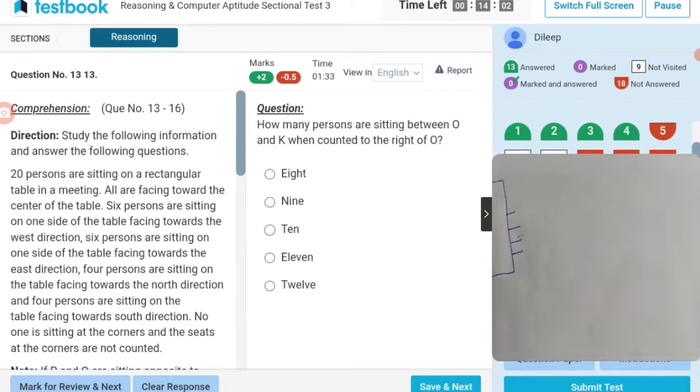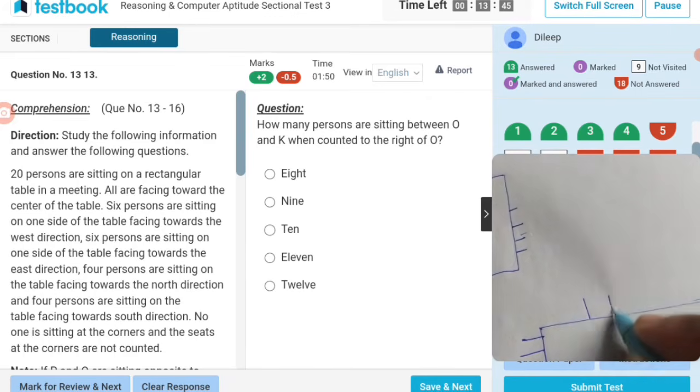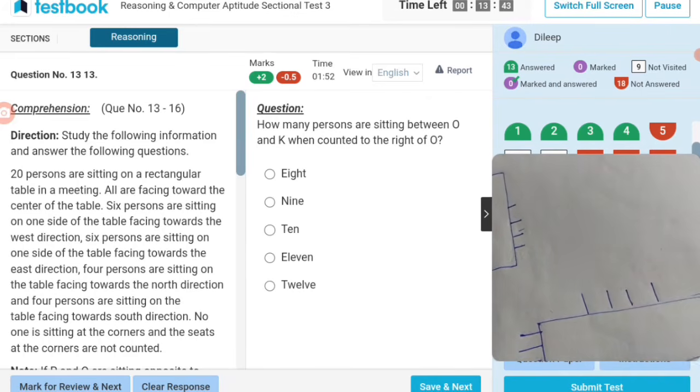Okay. 6 persons sitting on the table facing towards west. 3, 4, 5, 6. 1, 2, 3, 4.